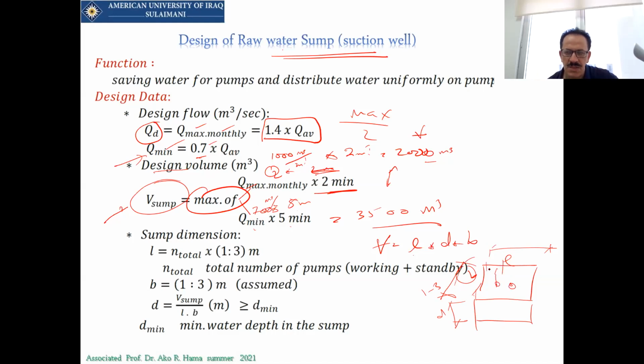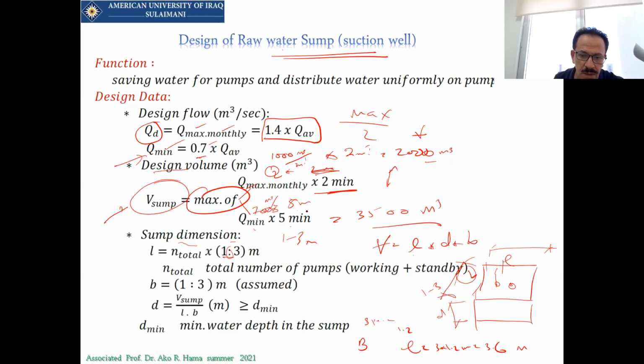We should have a space between each pump and the next one, from 1 to 3 meters. If I have 3 pumps, and the space between each pump is 1.2 meters, I should allocate 1.2 meters for each pump. So L is equal to 3 times 1.2 meters, which means 3.6 meters. At least the length of the tank should be that.